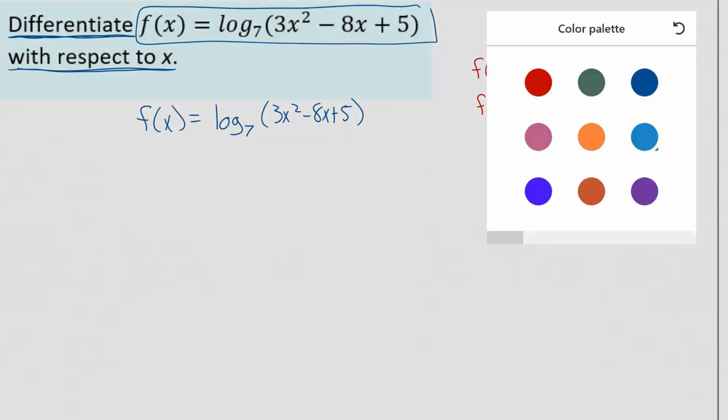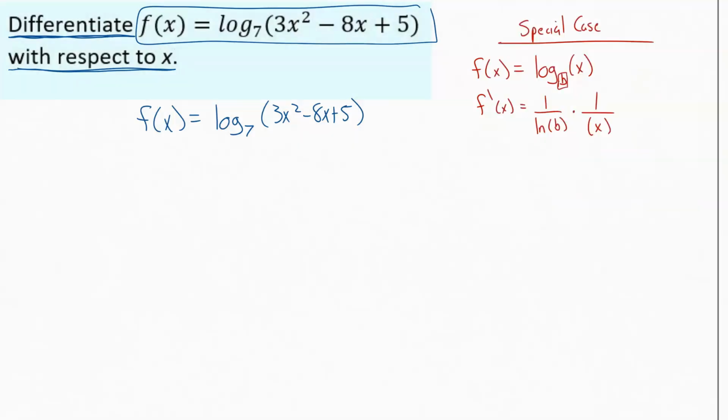Like every special case you run into where you just have to have it memorized, as soon as it changes from being anything more than just an x inside there, so negative x, 3x, as soon as it's more than just an x, you're going to be looking at a chain rule problem. So the majority of special case derivatives that you end up running into are going to involve a chain rule, because very rarely are they going to give you just that basic x inside there.